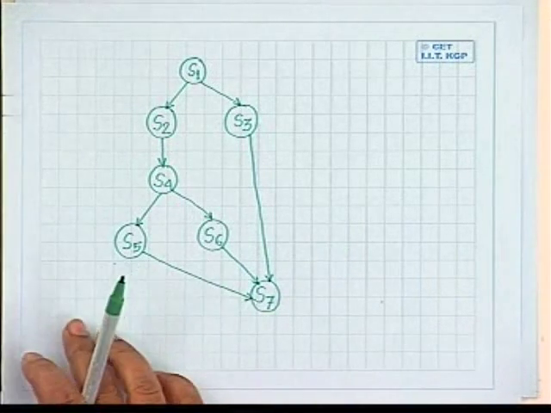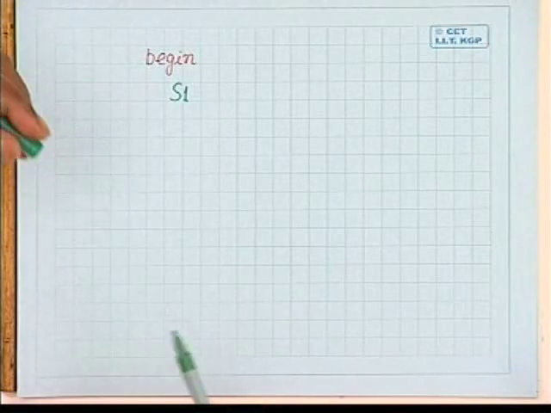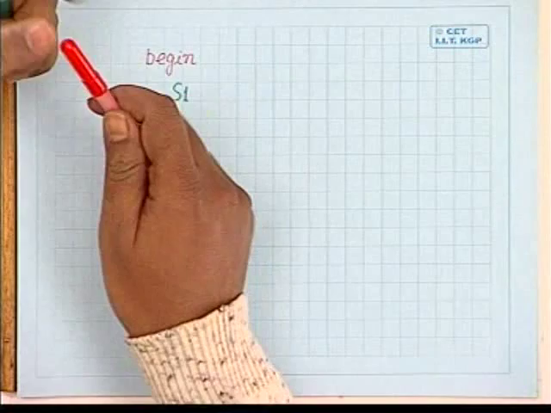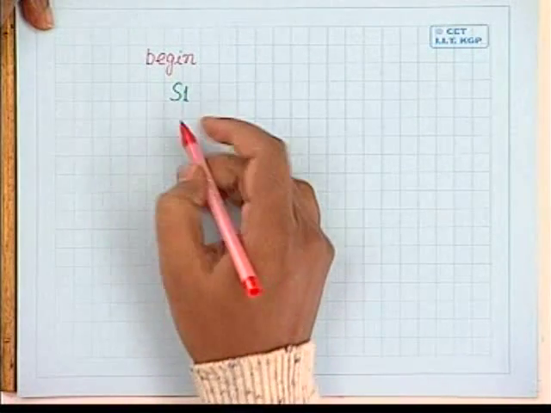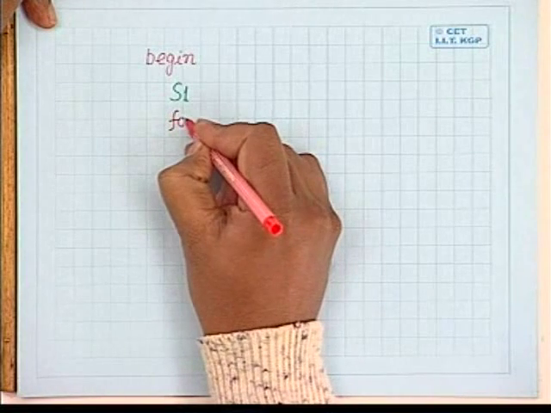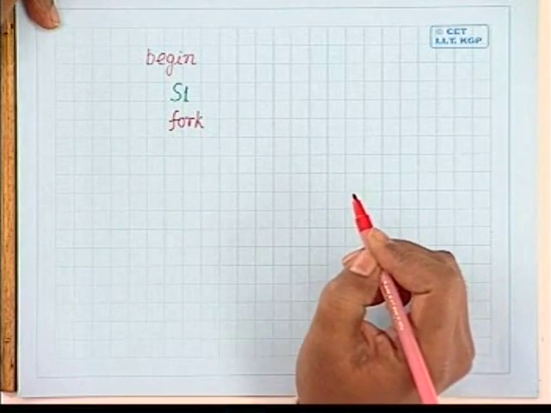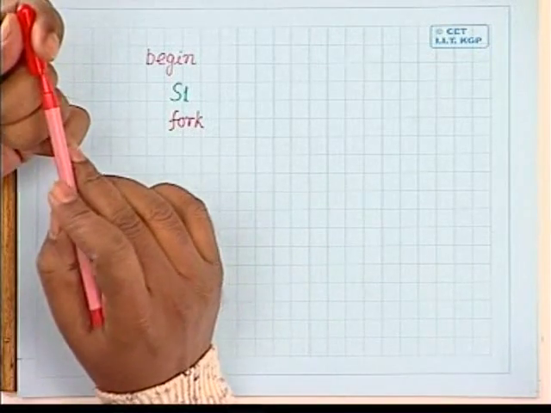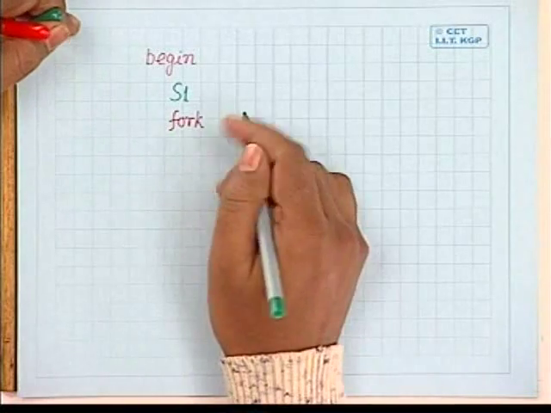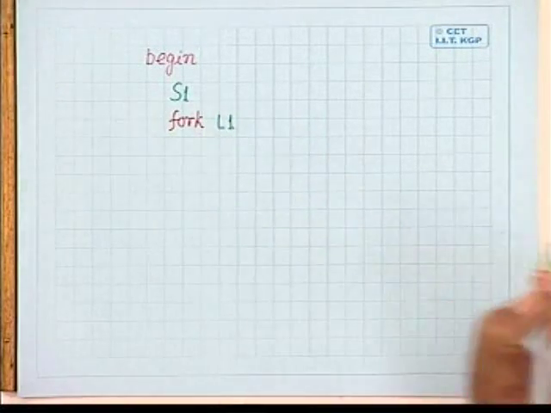So the system call that we will assume is a fork system call. I have a system call called fork for creation of a process, and the fork system call has to work with a label. So I'll say fork L1.